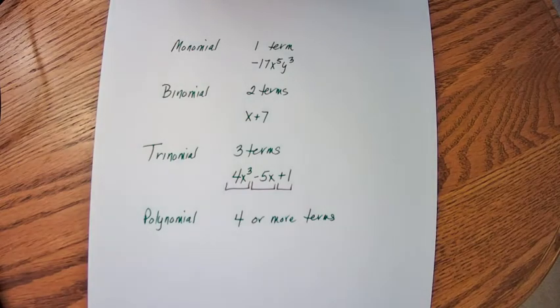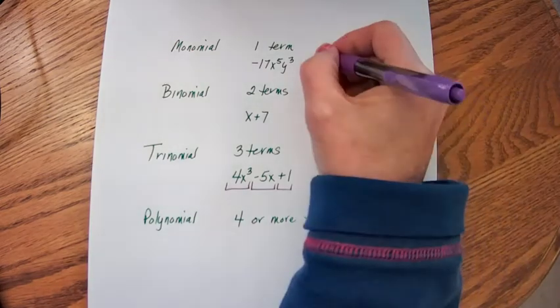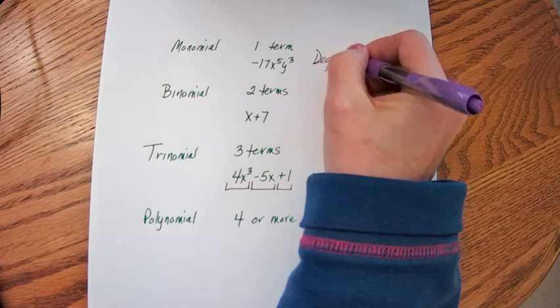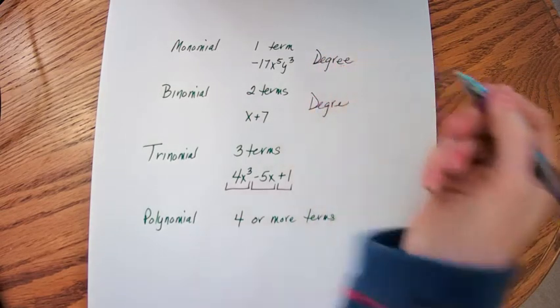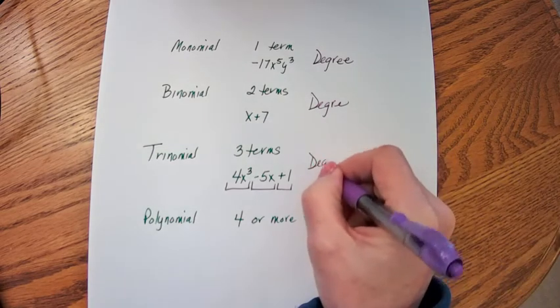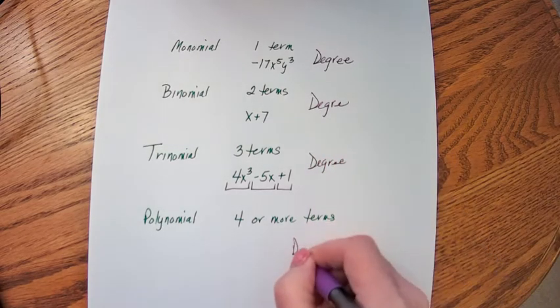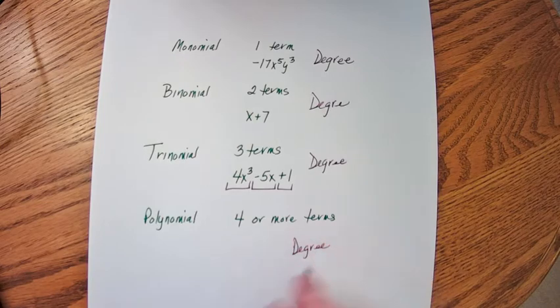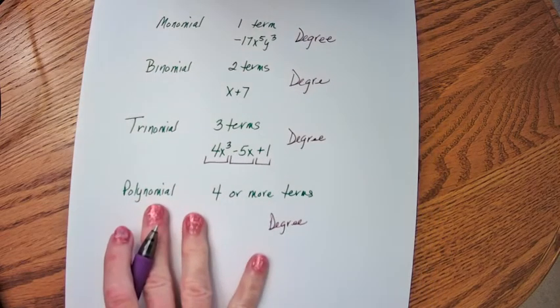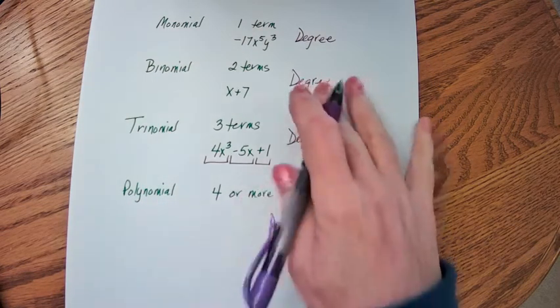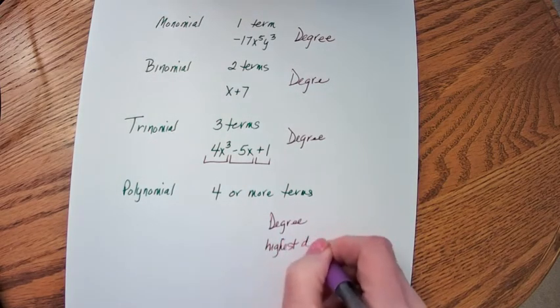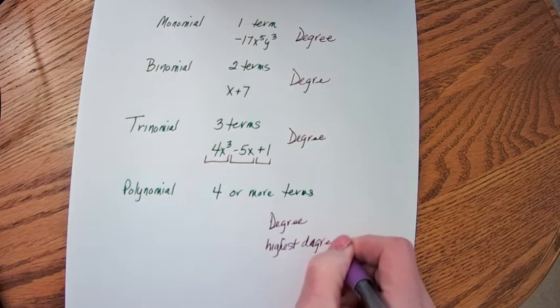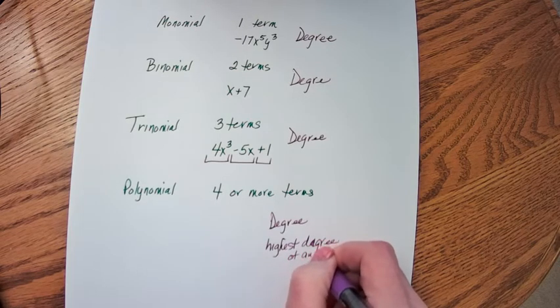And every polynomial also will have a degree. The degree of the monomial is the degree of the term. The degree of the entire polynomial, or the degree of the trinomial or the binomial, is the highest degree of any of its terms.